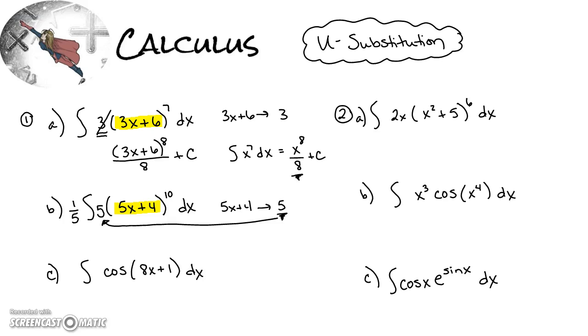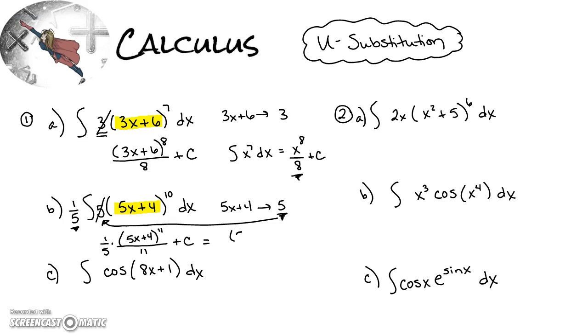So now what we get to do is ignore that 5 and do the 5x plus 4, raise it to 1 power higher, the 11th, divide by that new power, 11, and then add c. Now the only other thing is this 1/5 that was in front, that'll still be there. So it'll be 1/5 times that. Let's write it a little more simplified.